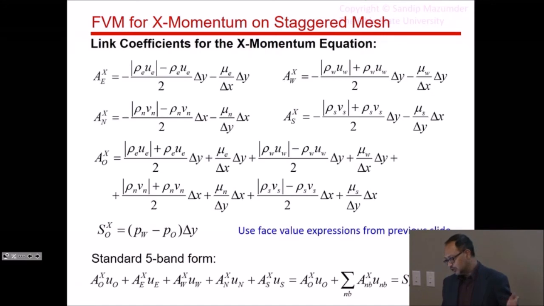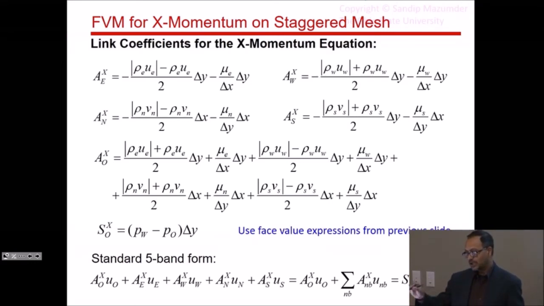And then finally you assemble it all together. I'm using the superscript x for the x momentum equation, and the reason for that is you will find out very soon that the link coefficients for the x momentum and the y momentum will be different, because one of them is the conservation equation on the red grid, the other is the conservation equation on the blue grid, and the way the interpolation is done for the exact same quantity will be different.